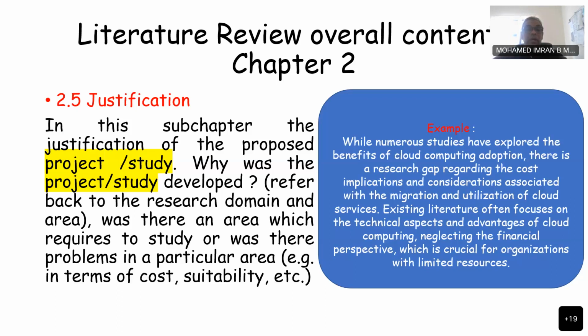Please read on. It's like you're telling the reader what has been explained in chapter 2, what is proposed, and what to expect in the next chapter.